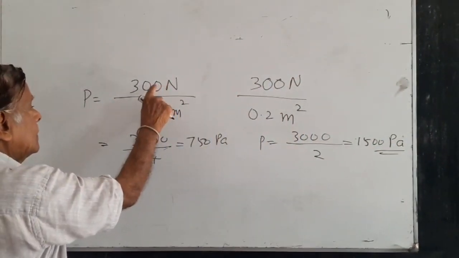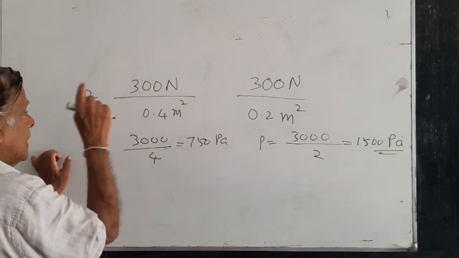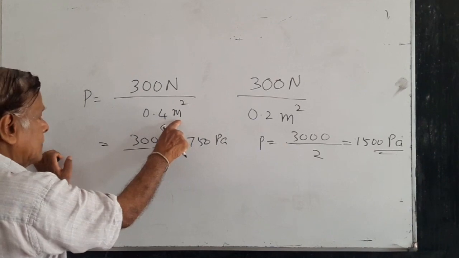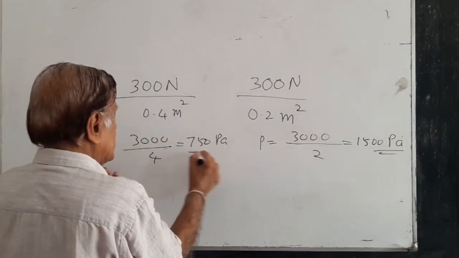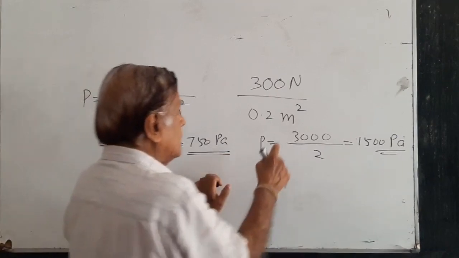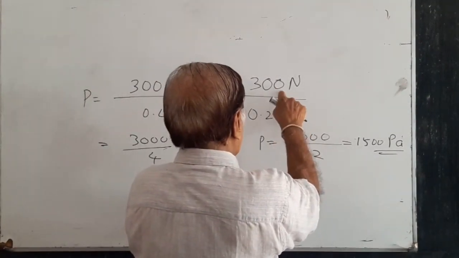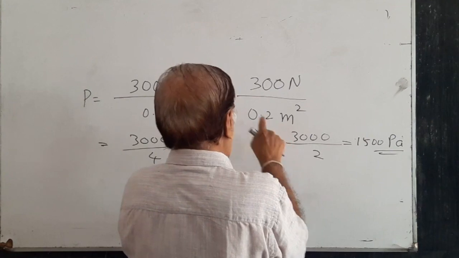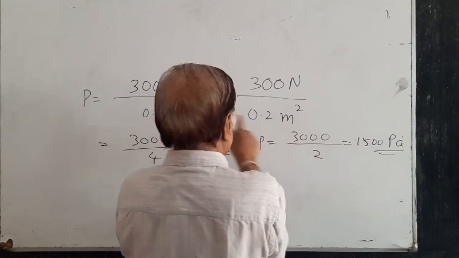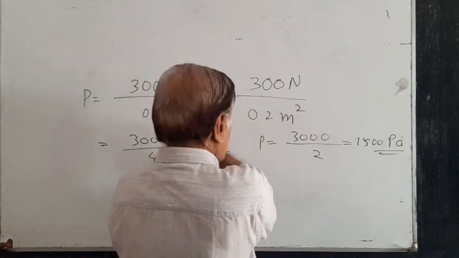When force is acted on a large area, pressure is low. Now here the same force is applied on half of that area. Here it is 0.4 square meter, here it is 0.2 square meter, half of that.